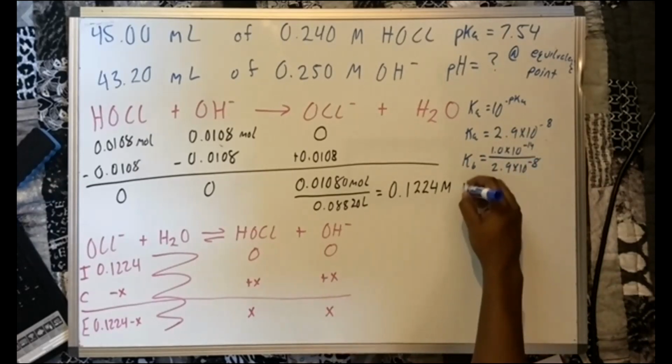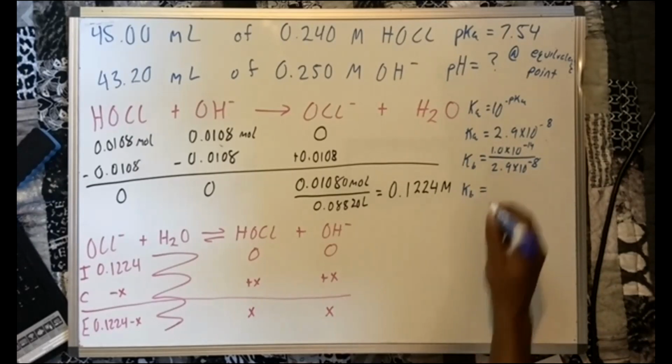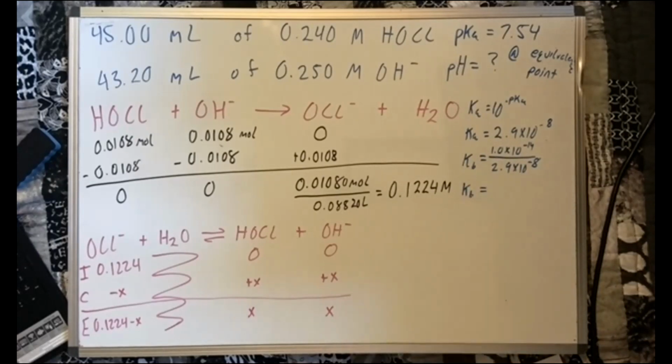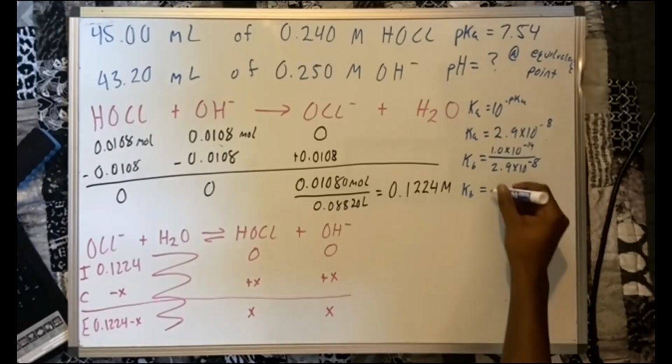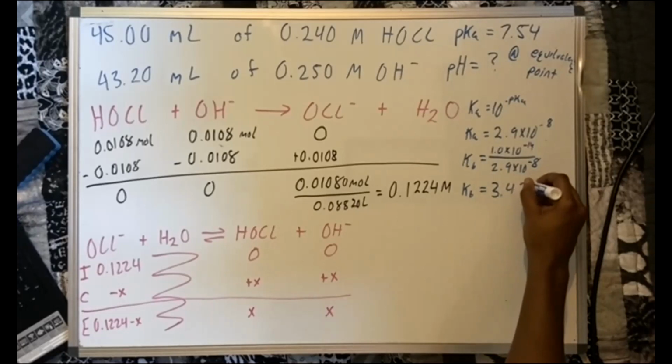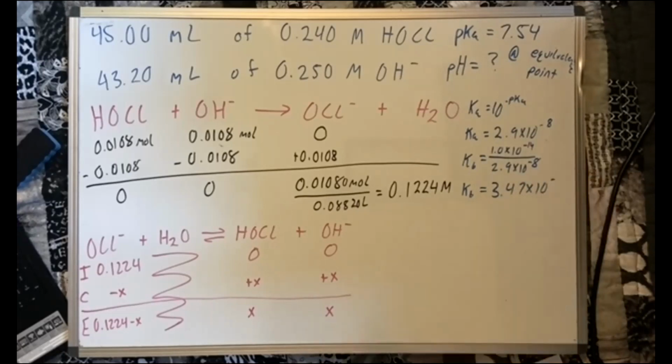So KB is 3.47 times 10 to the negative 7.